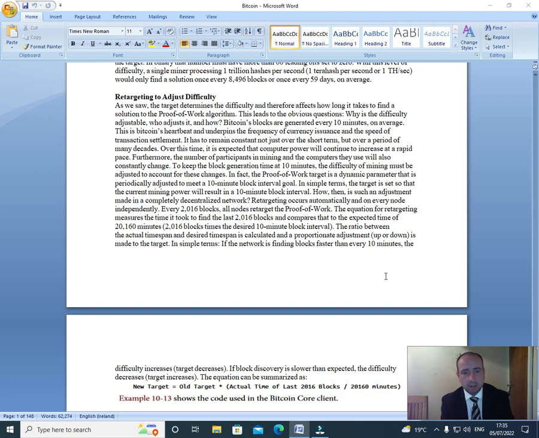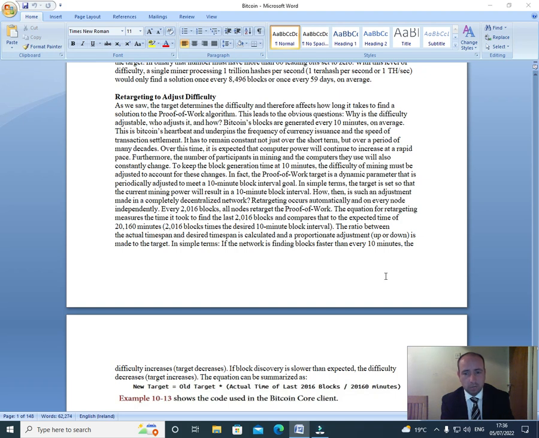Over this time, it is expected that computer power will continue to increase at a rapid pace. Furthermore, the number of participants in mining and the computers they use will also constantly change. To keep the block generation time at 10 minutes, the difficulty of mining must be adjusted to account for these changes.